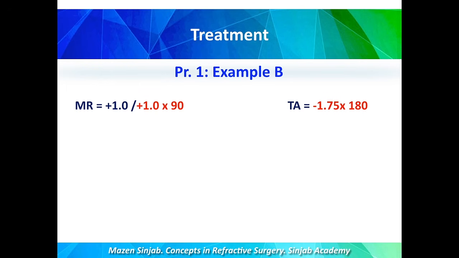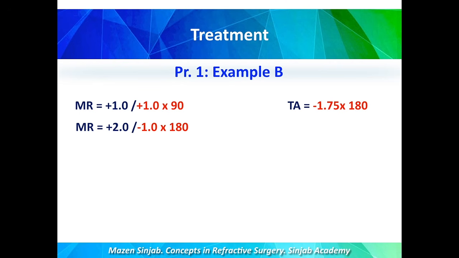Example B. A patient has manifest refraction of +1 sphere, +1 cylinder at 90, and topographic astigmatism of -1.75 at 180. First, we have to convert the manifest refraction equation into the minus cylinder.